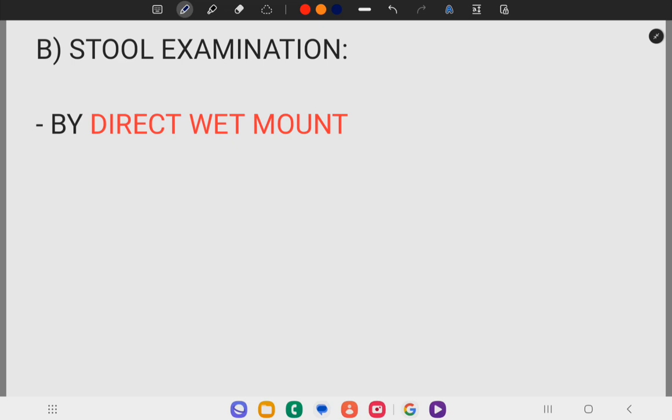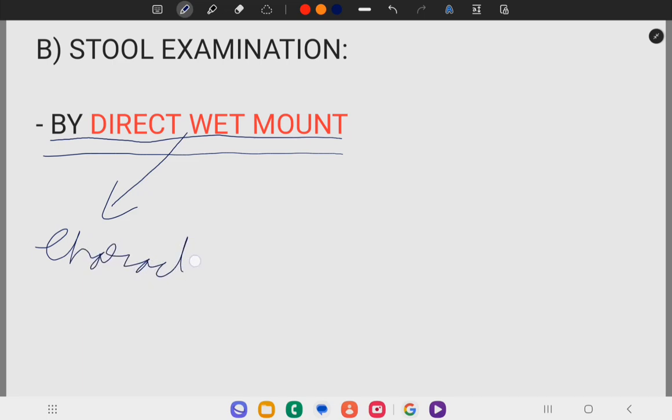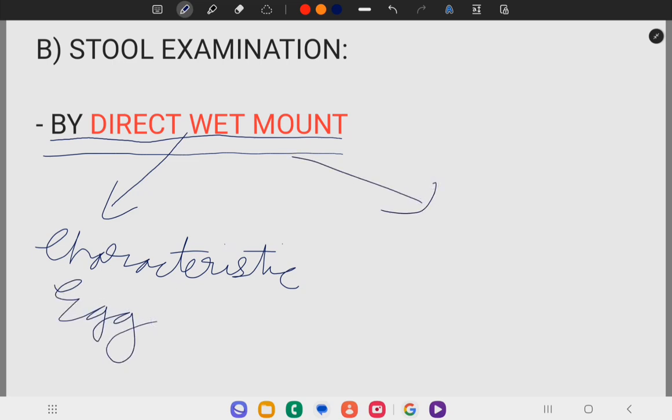Stool examination is done by direct wet mount, and direct wet mount demonstrates the characteristic egg and occasionally adult worms.